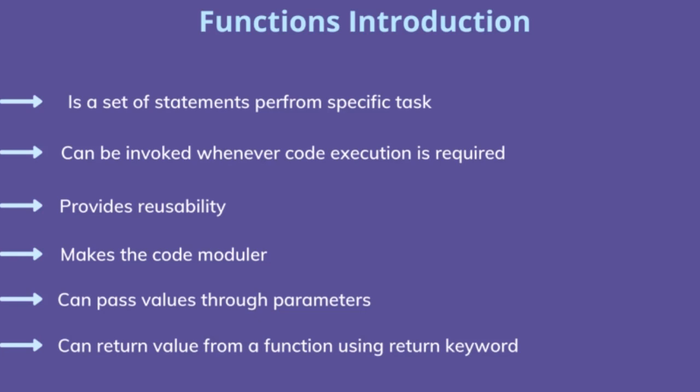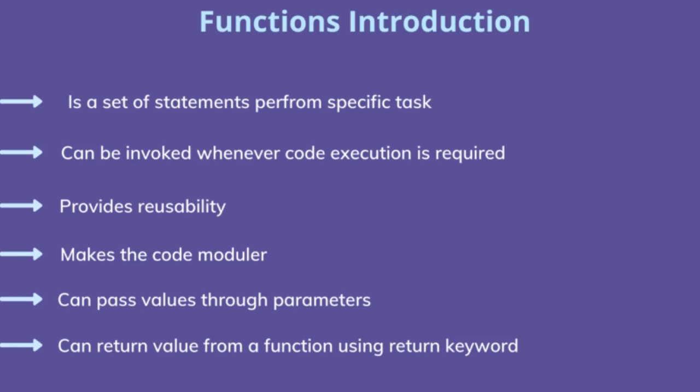While defining the function, I can pass some parameters as well, so that whenever I want to supply some value from the calling environment, meaning when I am invoking it, I can pass a specific value.